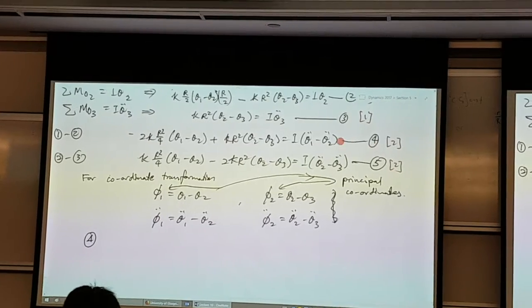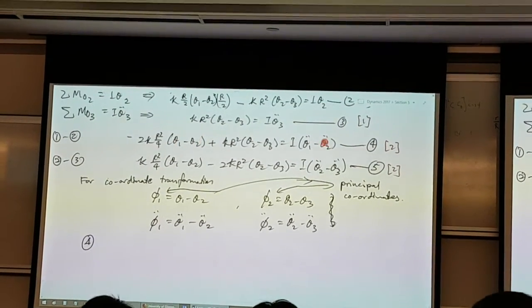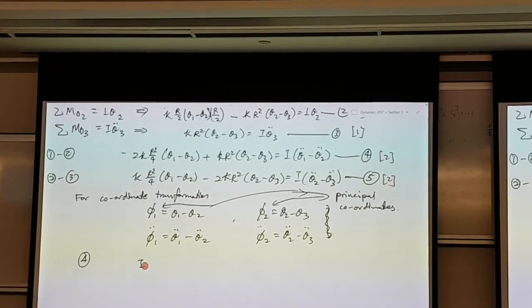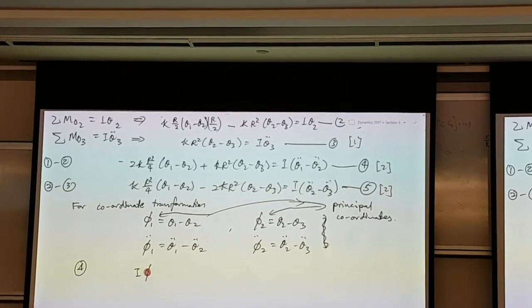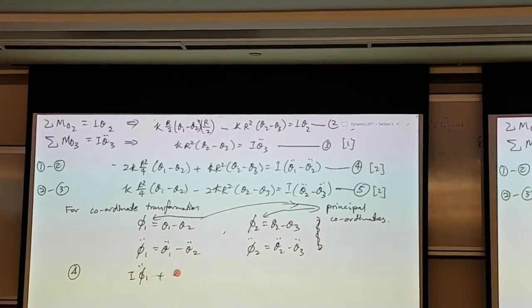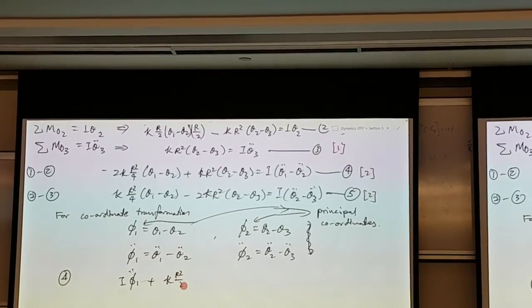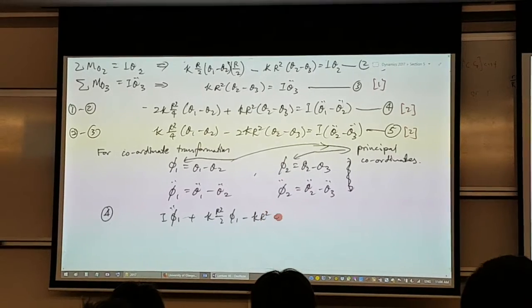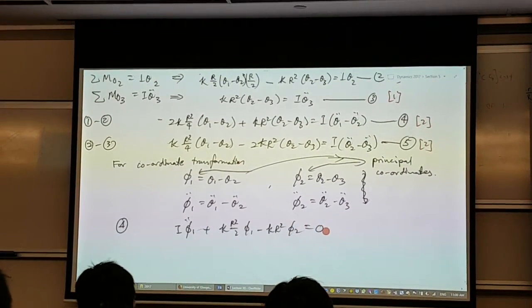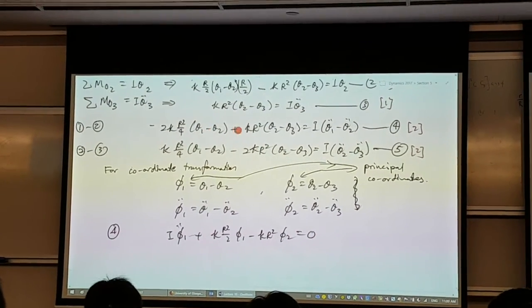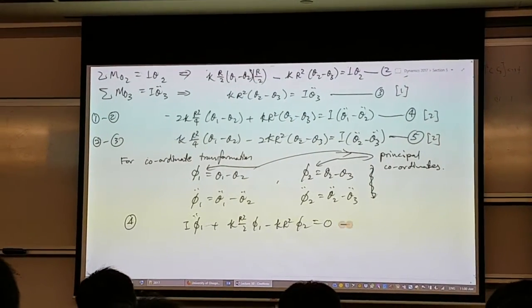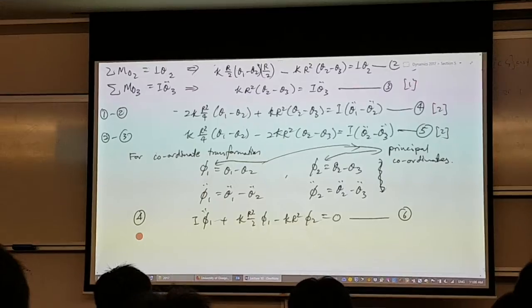If you substitute this into equation 4, with a little bit of adjustment, you get I phi double dot 1 plus k R squared over 2 phi 1 minus k R squared phi 2 equal to 0. Right? Because you can substitute your principal coordinates. I call this equation 6.